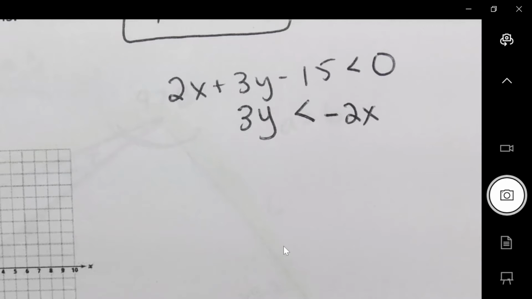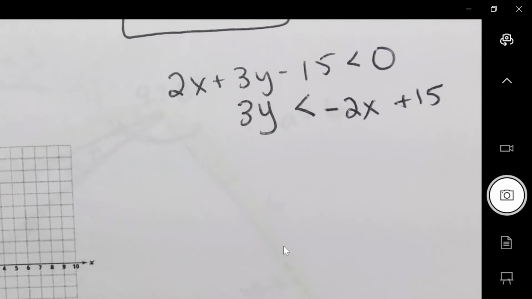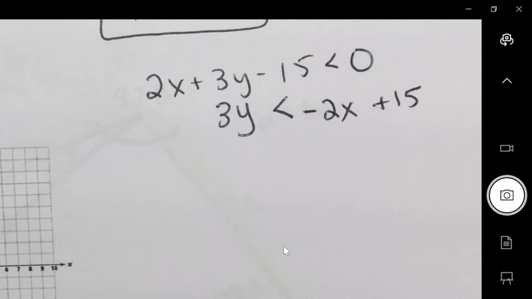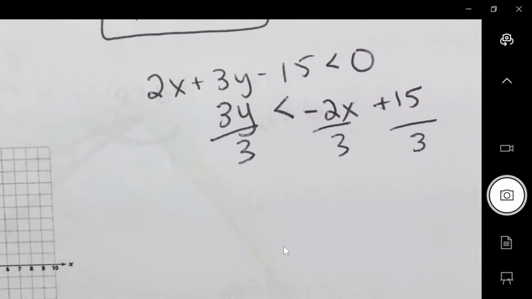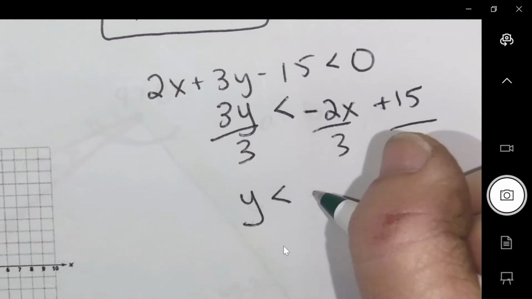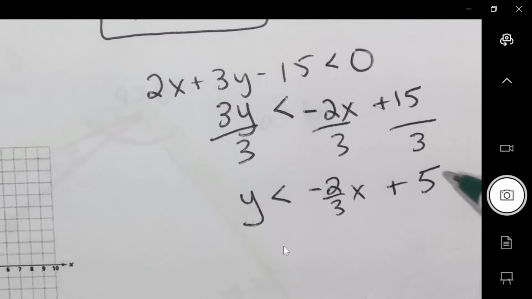I'm going to move the 15 piece over, so plus 15. I'm going to divide everything by 3. So y is less than negative 2/3 x plus 5.